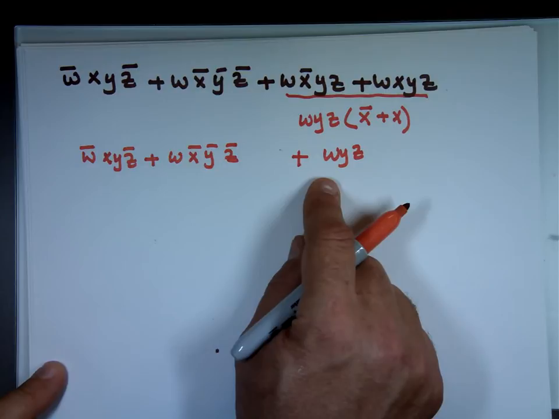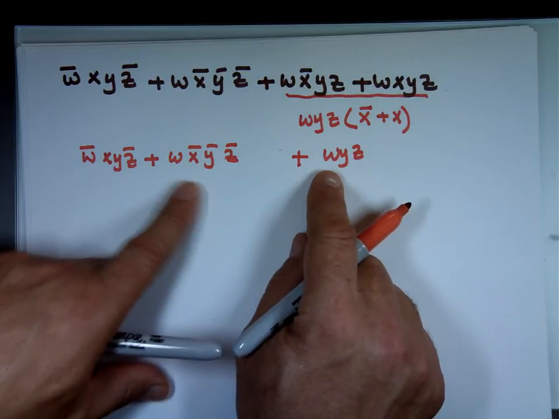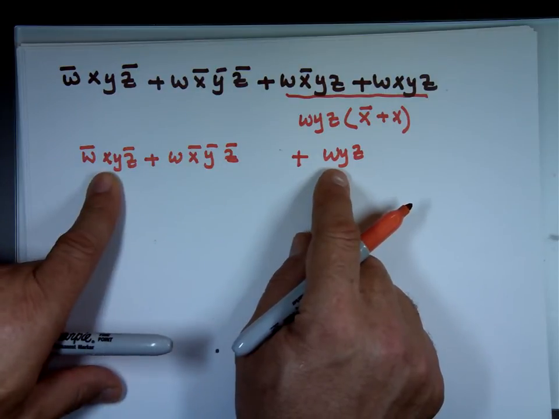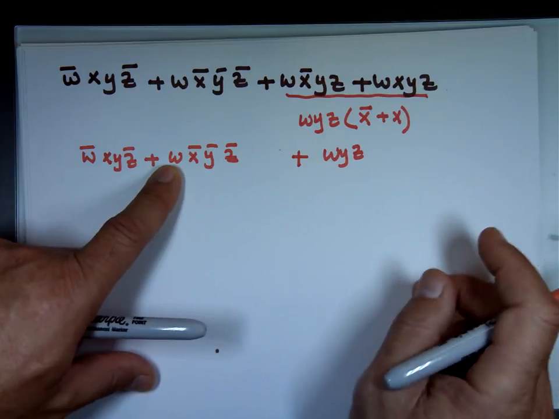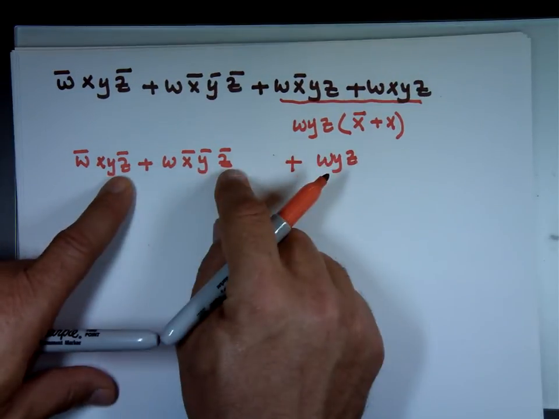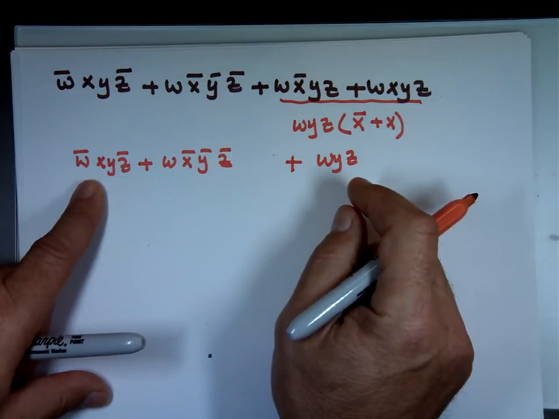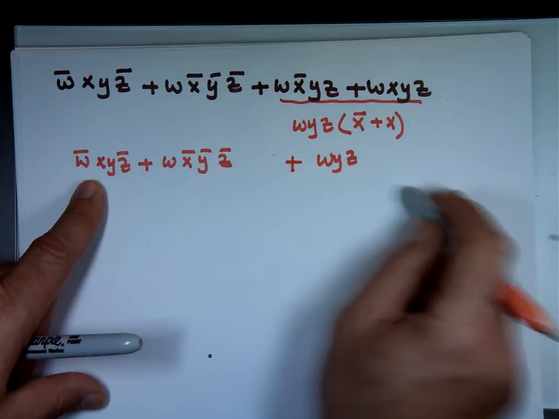Let's see. W. I got a Y here. A Z. Y and Y bar won't help me. Z and Z bar. I don't see much relief there to simplify it anymore.